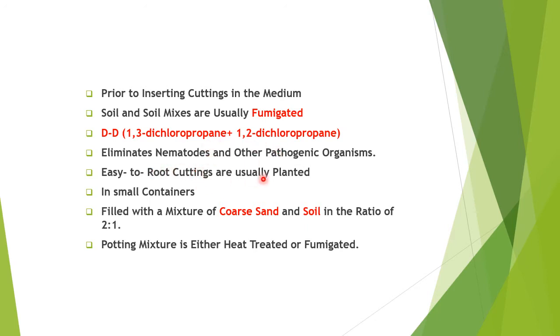Easy to root cuttings are usually planted in small containers filled with a mixture of coarse sand and soil in the ratio of 2:1. And if you are using a potting mixture, it should be either heat treated or fumigated. As I said, heat treated means solarization, or it should be fumigated with these chemicals.